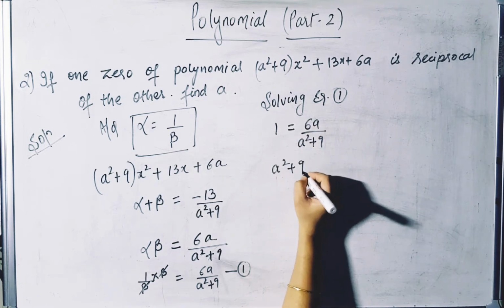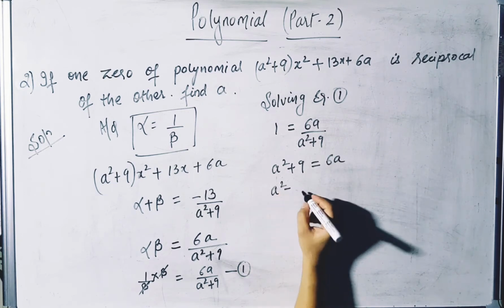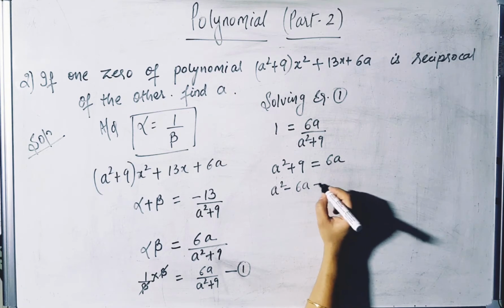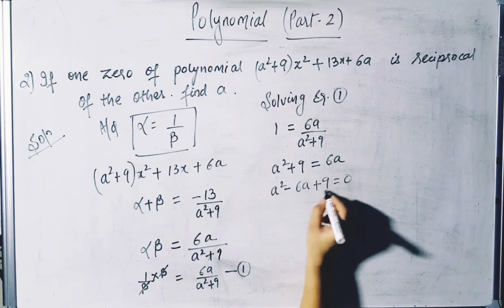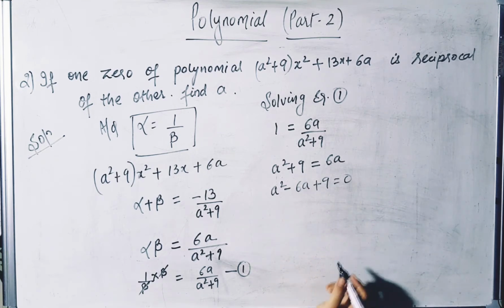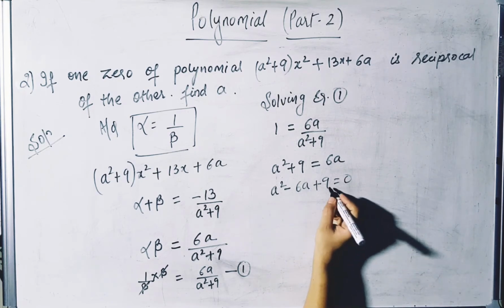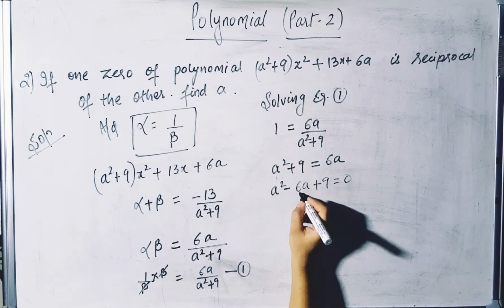Thus a square plus 9 equals 6a. So we'll get over here a square minus 6a plus 9 equals 0. This is a quadratic equation. So we'll solve this equation by factorization method which we have already studied in class 9th. 9 is the constant term, we will select its factors such that adding them gives 6.